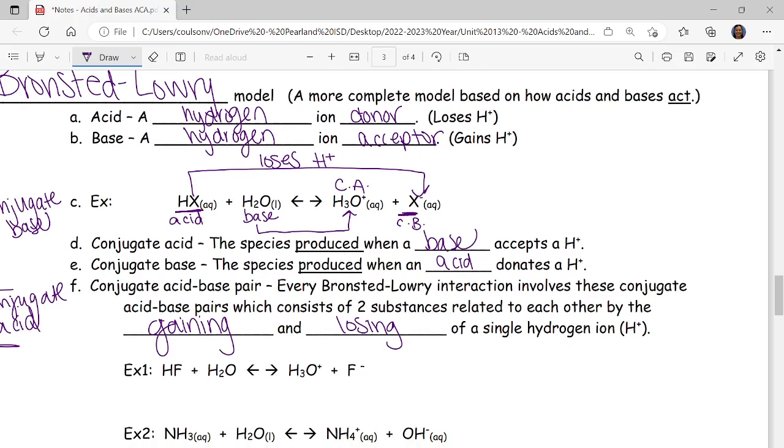So if you are trying to figure out which one is the acid and which one is the base, the question that you're trying to answer is, where is the H plus ion coming from and going?